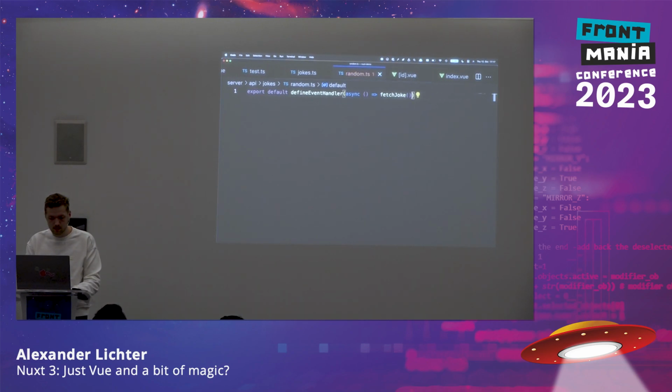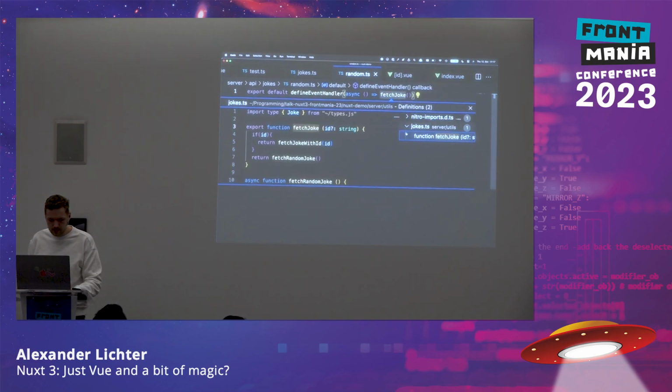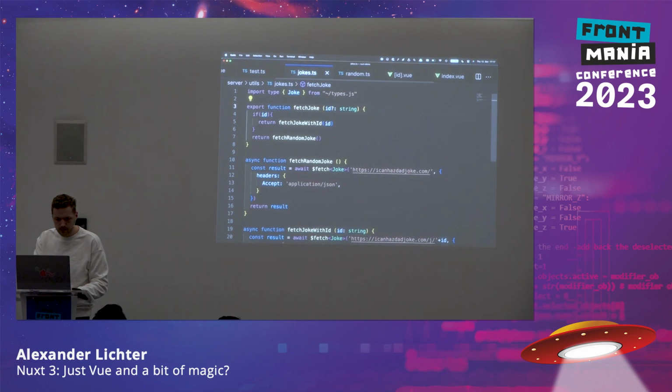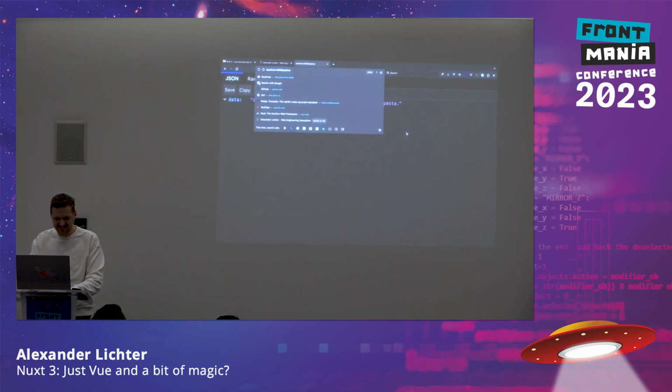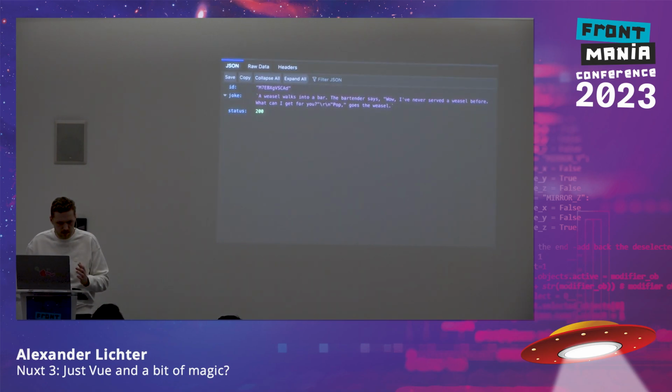This is one line, and once again, this fetch joke here, if we check that out, it automatically imports from the server utils. Once again, you don't need any auto imports. TS is working out of the box. And if we now go to jokes random, we get the joke.